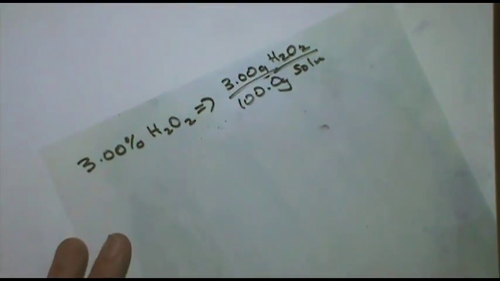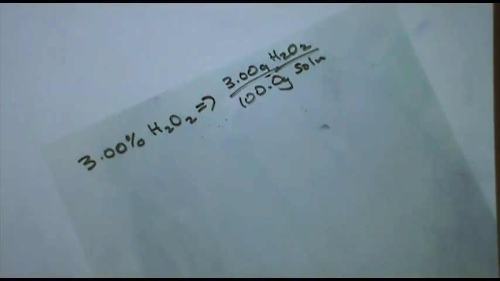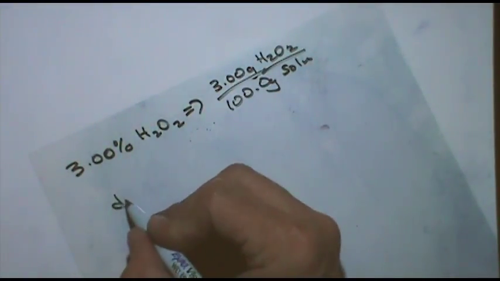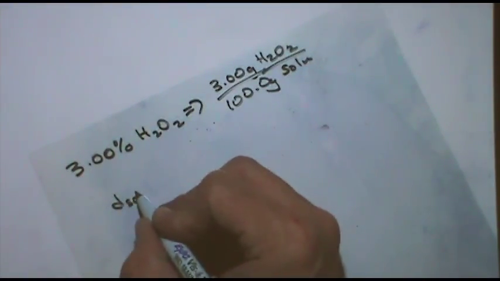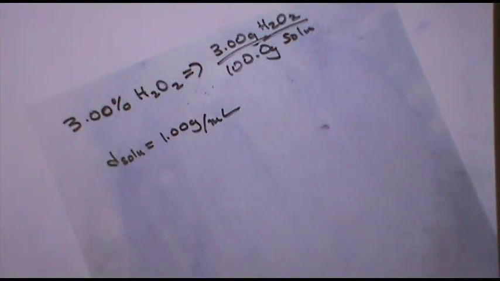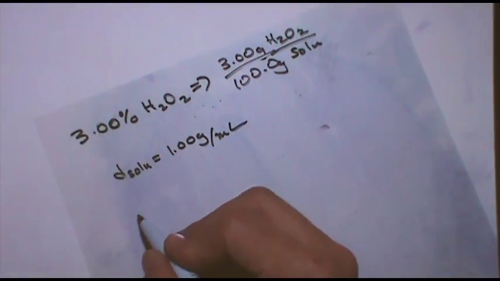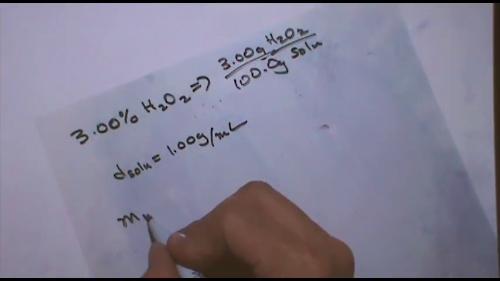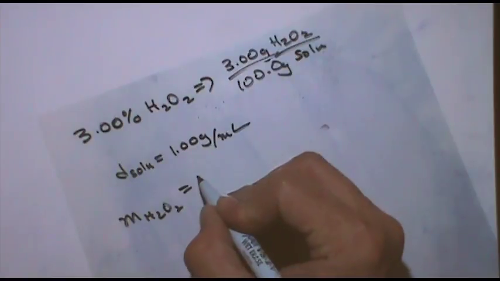Is that all right? Just going one step backwards for percent mass. Because this is in mass, and notice the density of solution is that of pure water if we need it. So the density of solution is 1 gram per milliliter. All right, so I've got the mass of H2O2. That's 3.